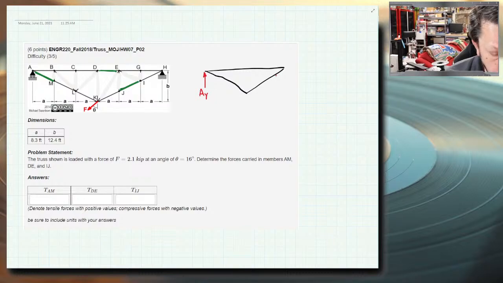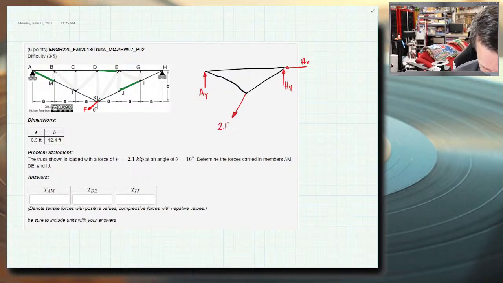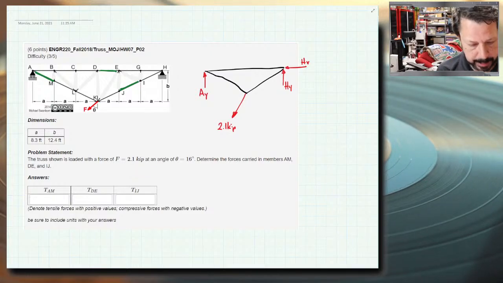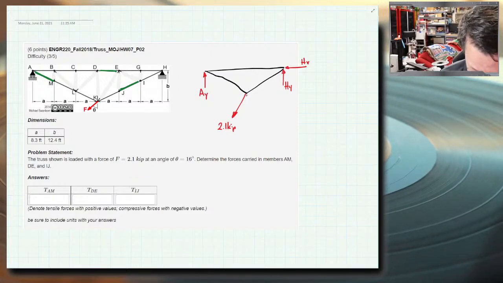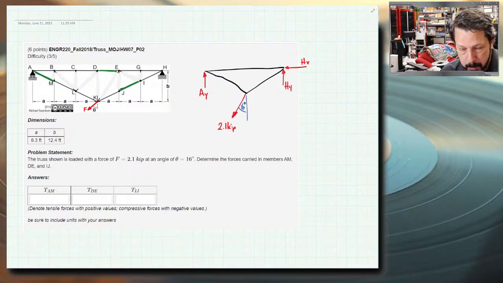There's a roller reaction at A. A pin reaction at H. So we'll have HY and HX, which is not 0 this time because our force F, 2.1 kips, is not vertical. It's at an angle of 16 degrees from vertical. So there is an X component that has to be reacted. So let's work on finding those.